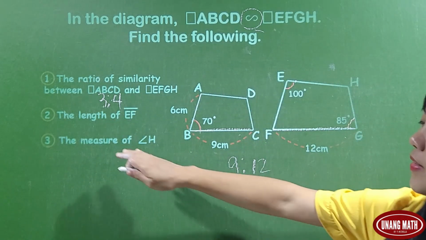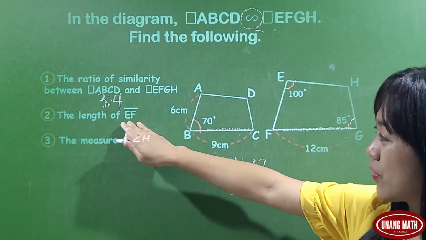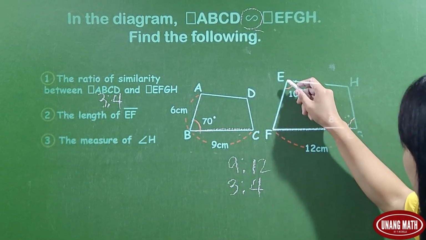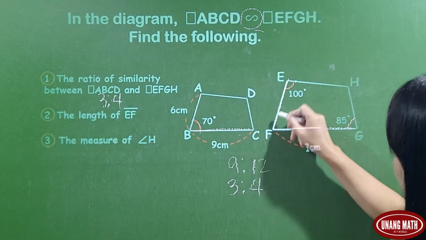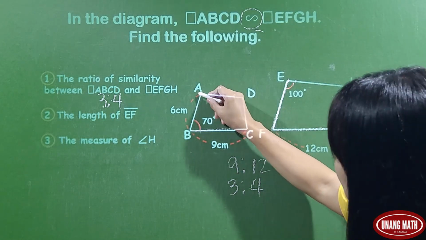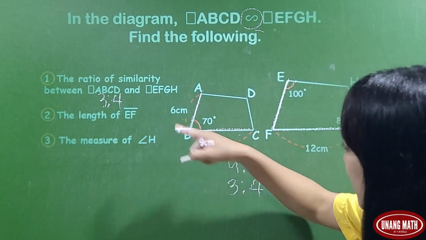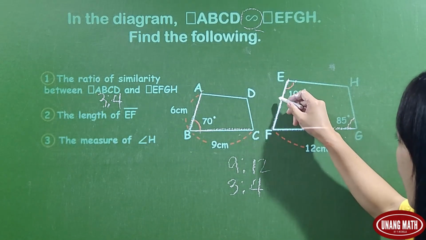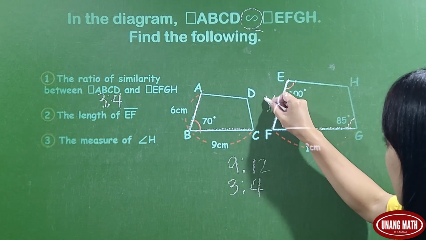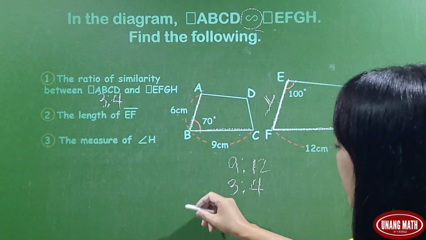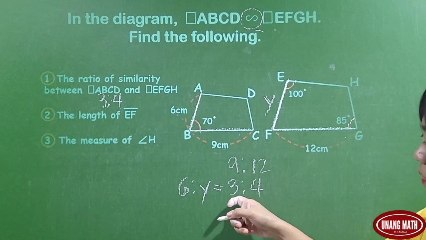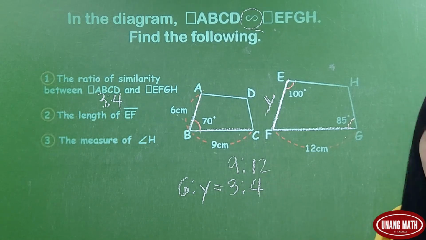Now, the second question is the length of segment EF. Segment EF is this side, and this side corresponds to this side. It's given that this is 6 centimeters. Let's represent this side as Y. So we have 6 is to Y equal to this ratio, 3 is to 4.